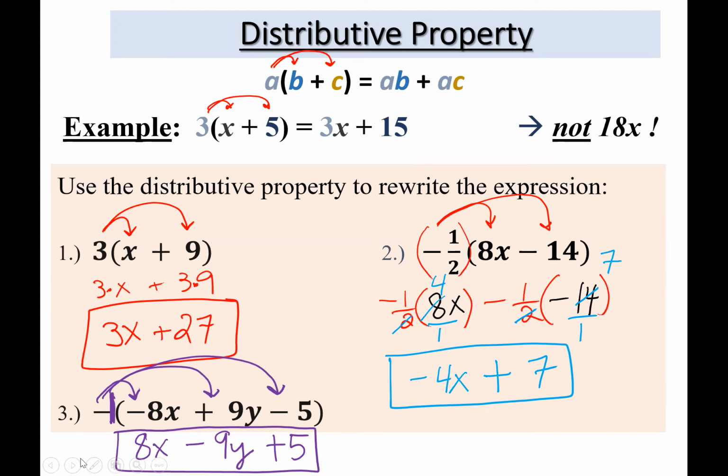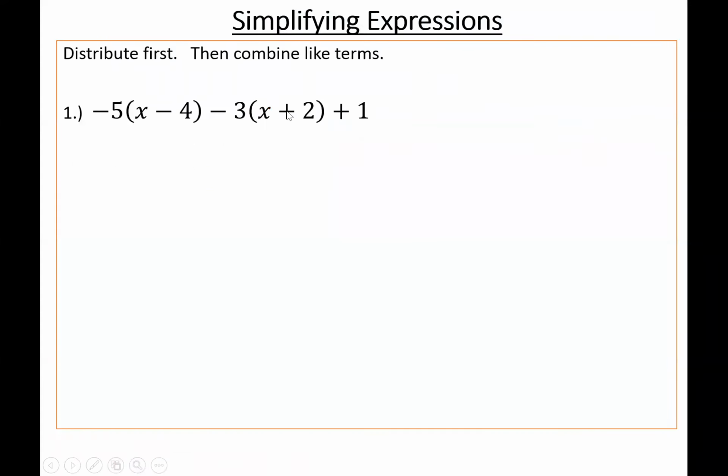So now on to the next set of problems. We will be distributing, but we will also be combining like terms or collecting like terms. So this is now the simplifying expressions part of this lesson. Okay, so now we're putting it all together. You can see the instructions. Distribute first. That's what we were just reviewing. Then combine like terms. That's what we learned earlier, or collect like terms is another way to say that.